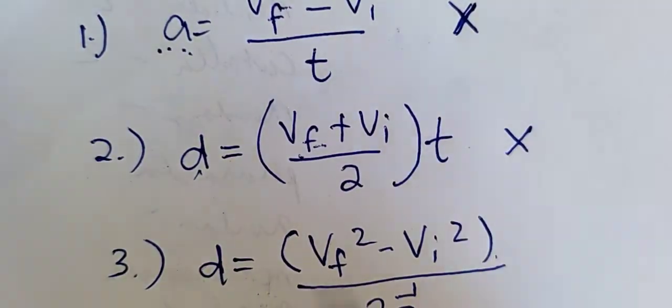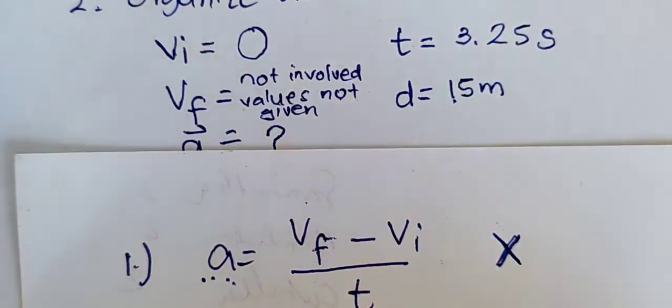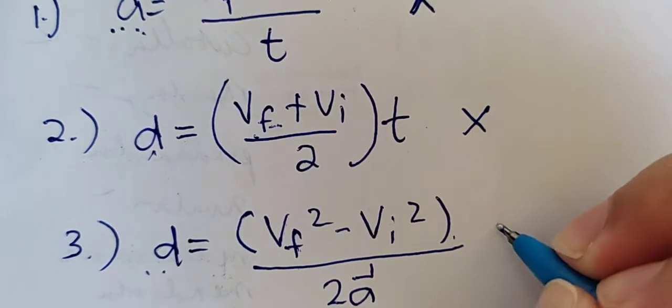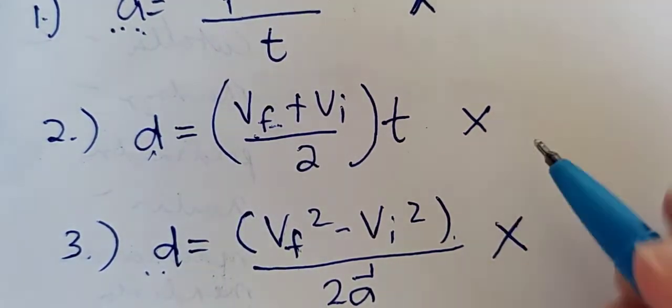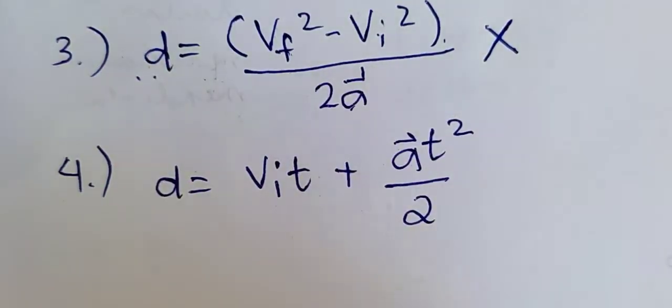Equation number 3: we have distance, 15 meters. Again, Vf appeared here, but values not given, not involved. So we cannot use this equation even if we have Vi and acceleration. Let's have the fourth equation.